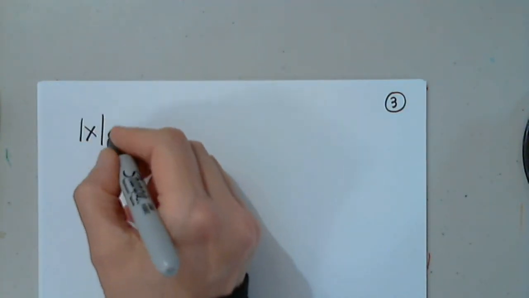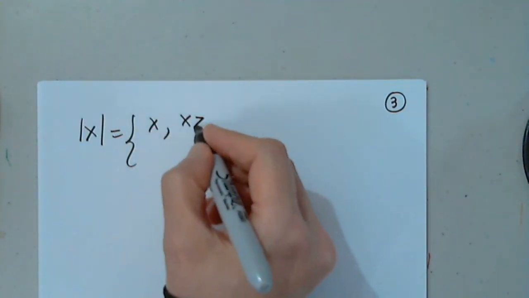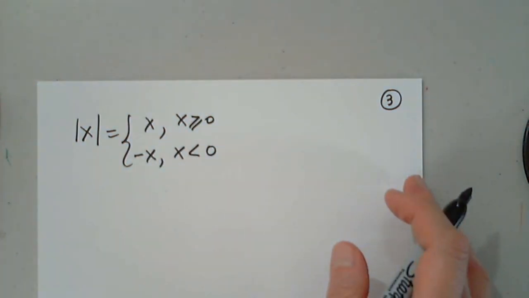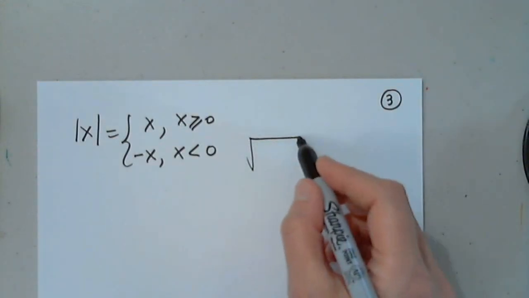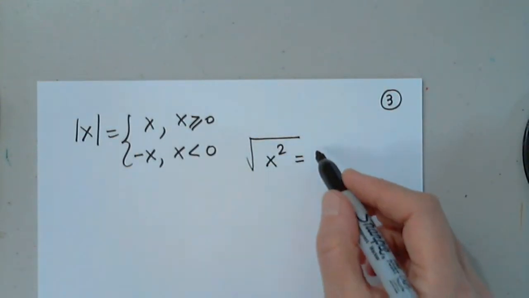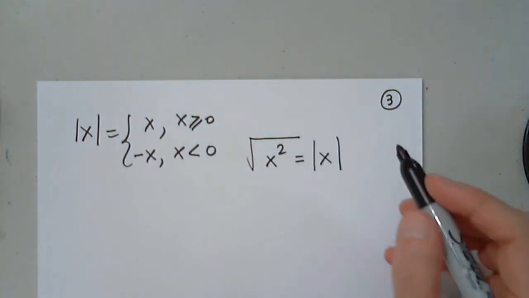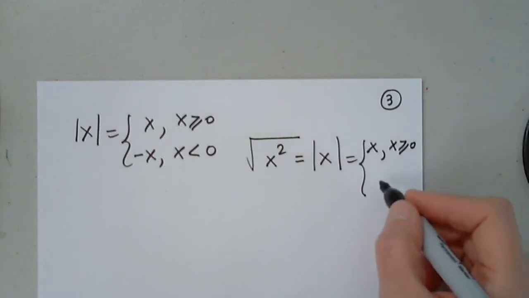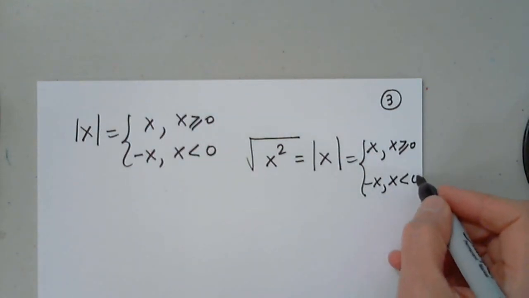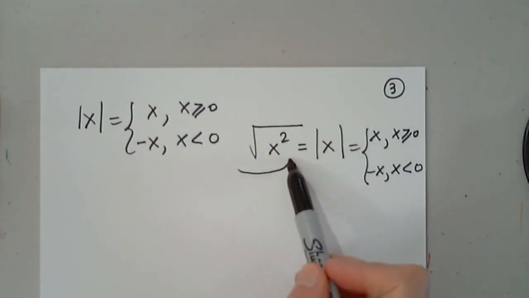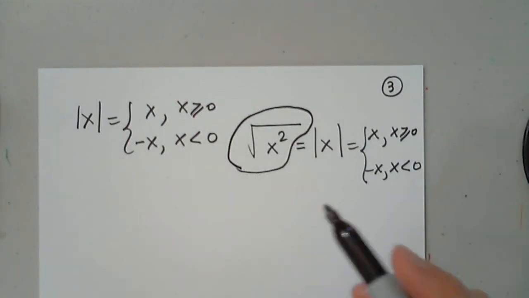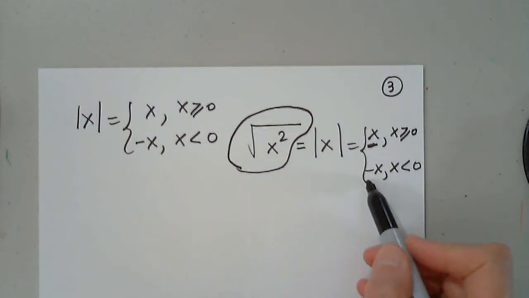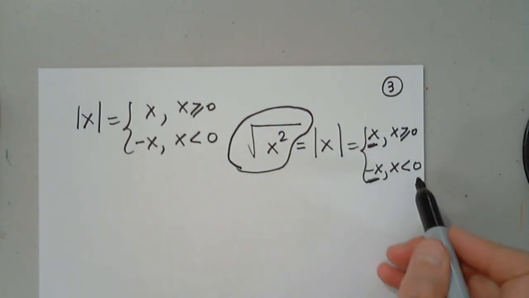The absolute value of x is x for x positive and negative x for x less than 0, which means the square root of x squared, which is the absolute value of x, can be x for x positive or negative x for x negative. So this can only be replaced by either x if x is positive, or negative x if x is negative.